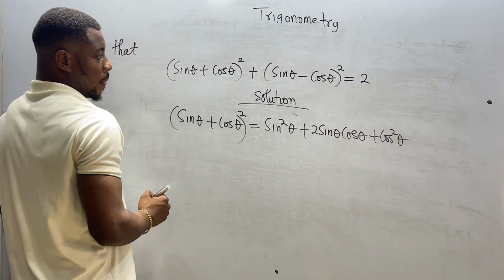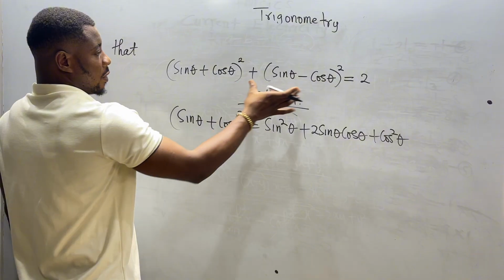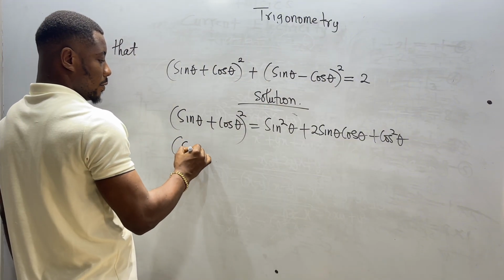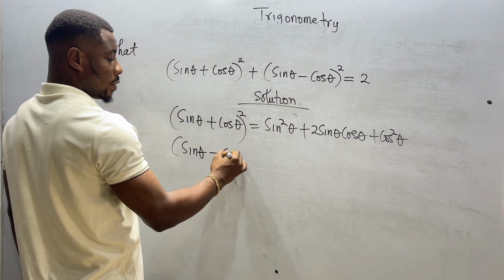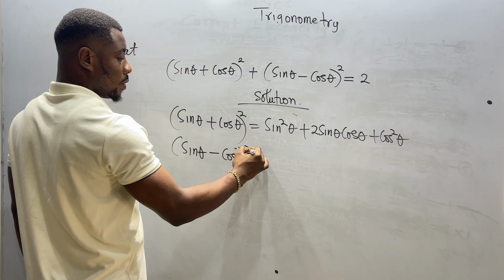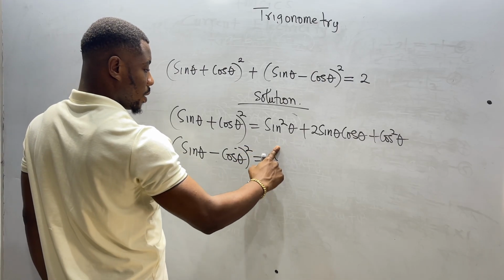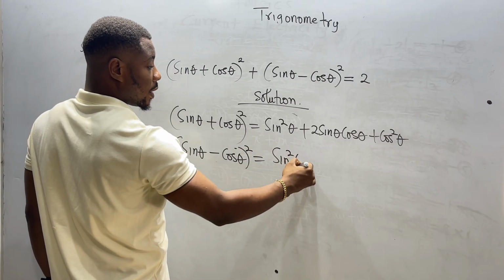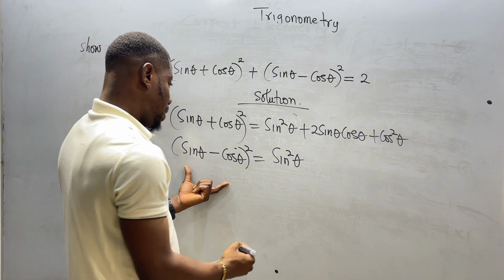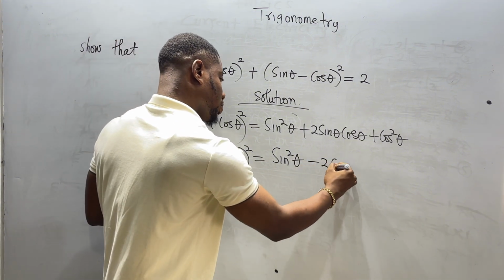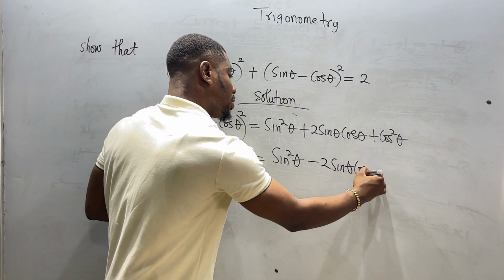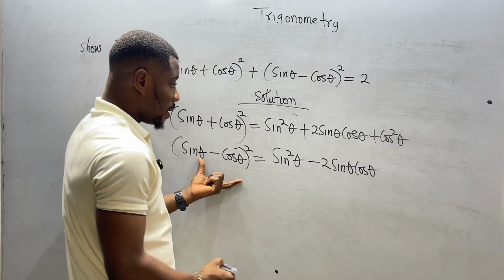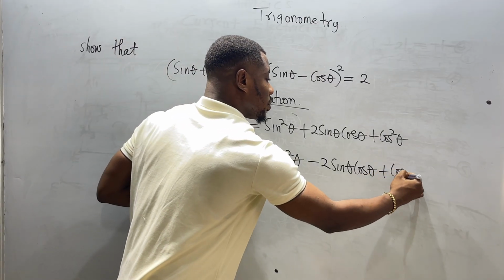In the same way, if I expand this guy here, I'm going to have sine theta minus cos theta all squared. It gives me sine squared theta, then minus 2 sine theta cos theta, then plus cos squared theta.